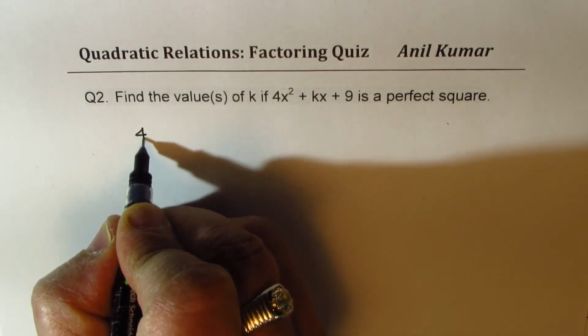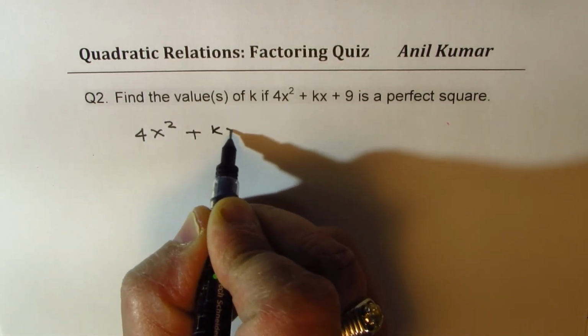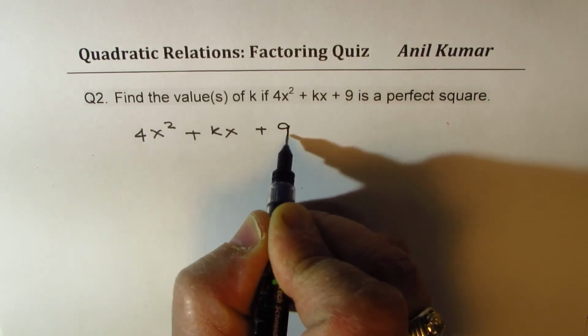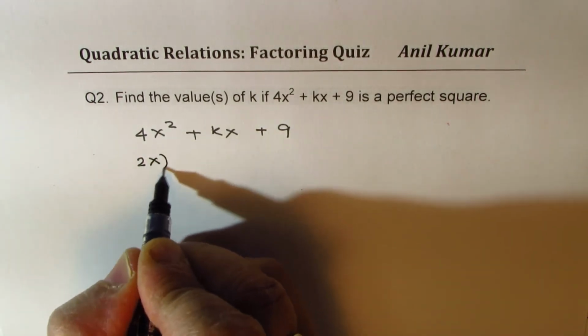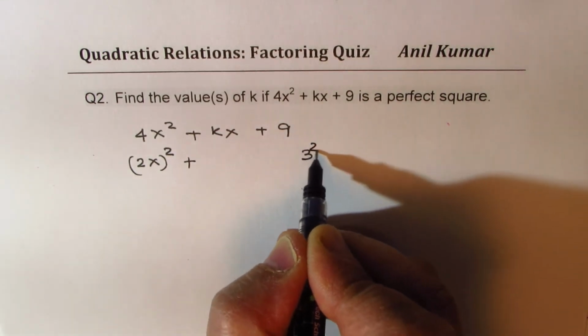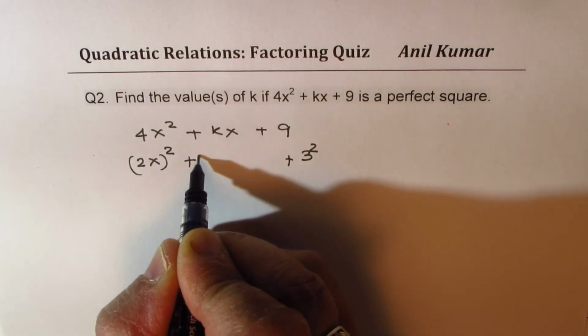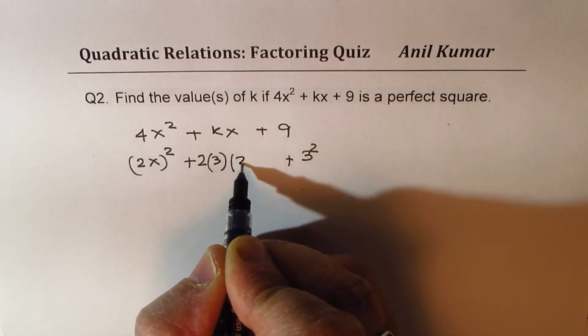We are given the expression 4x squared plus kx plus 9. Since we need to make it a perfect square, I could write this as (2x) squared, and 9 is 3 squared, right? So the center term should be 2 times 3 times 2x.